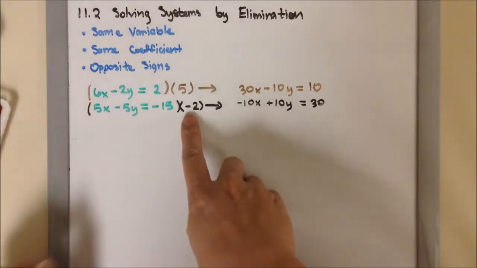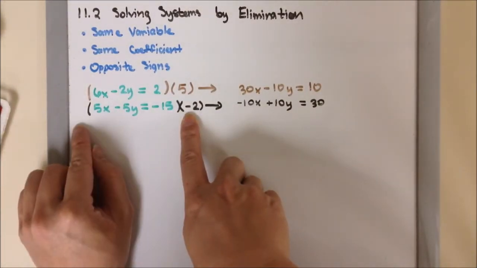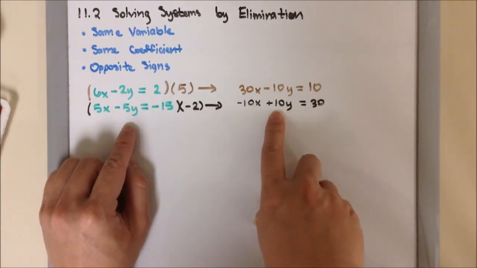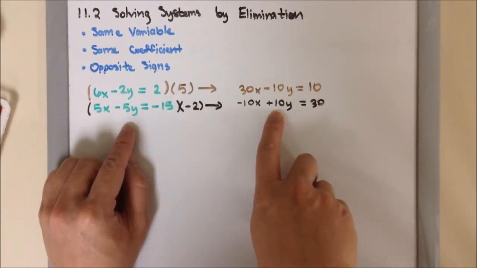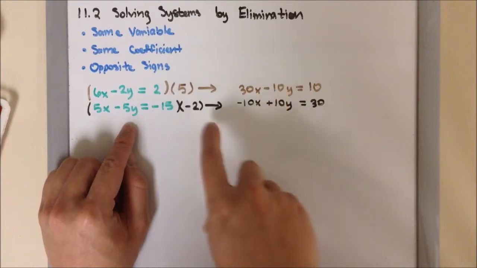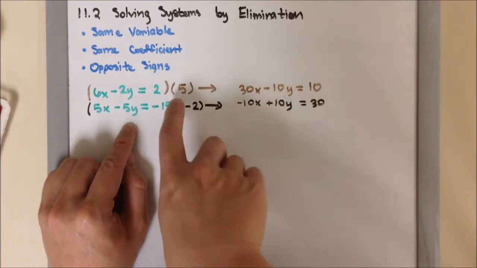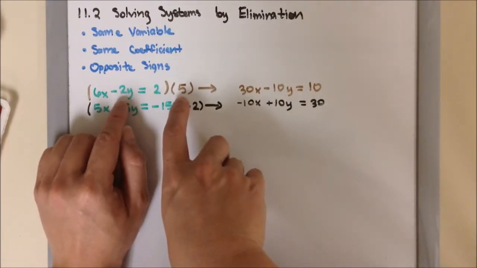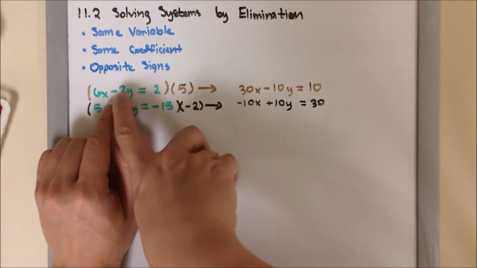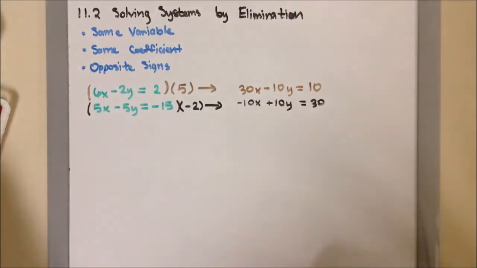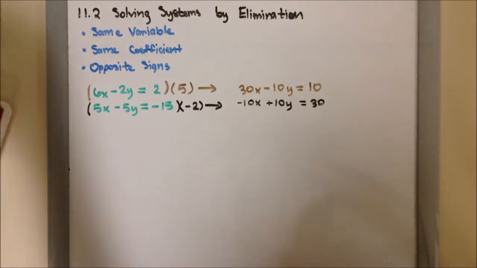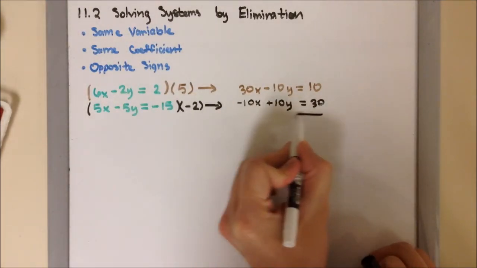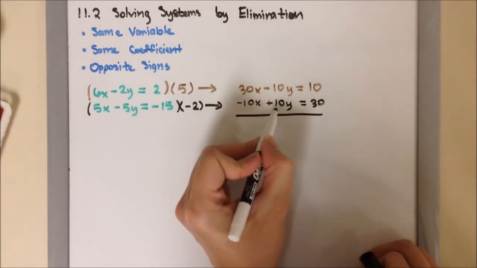So again, I multiplied the second equation by negative 2 so that I can get a positive 10y, so that it can cancel out, be eliminated with the negative 10y, since I multiplied the first equation by a positive 5 to the negative 2y. So after that, we can see that the y's have the same coefficient and an opposite sign.